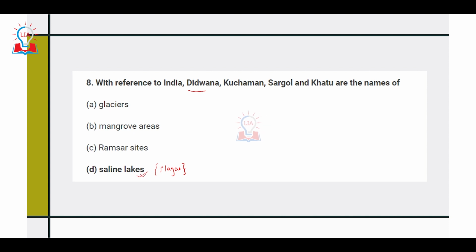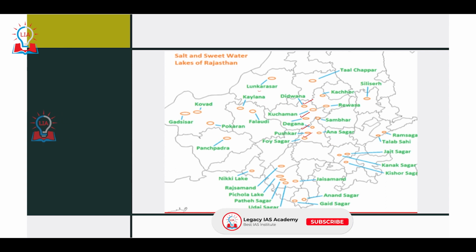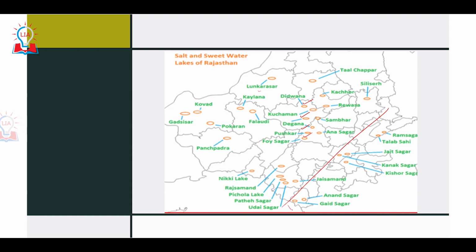That is why we have large scale accumulation of salt in the lakes in these areas, and a lot of streams which are coming from the Aravalli range dry up, leading to the formation of a large number of arid lakes or playa lakes. So we can see here we have Didwana, Kuchaman, Degana, Puskar, we have Khatu Lake, we have Lunkarsar Lake. All across Rajasthan, we can see a huge number of lakes, largely due to the presence of the Aravalli range across the eastern part of Rajasthan.